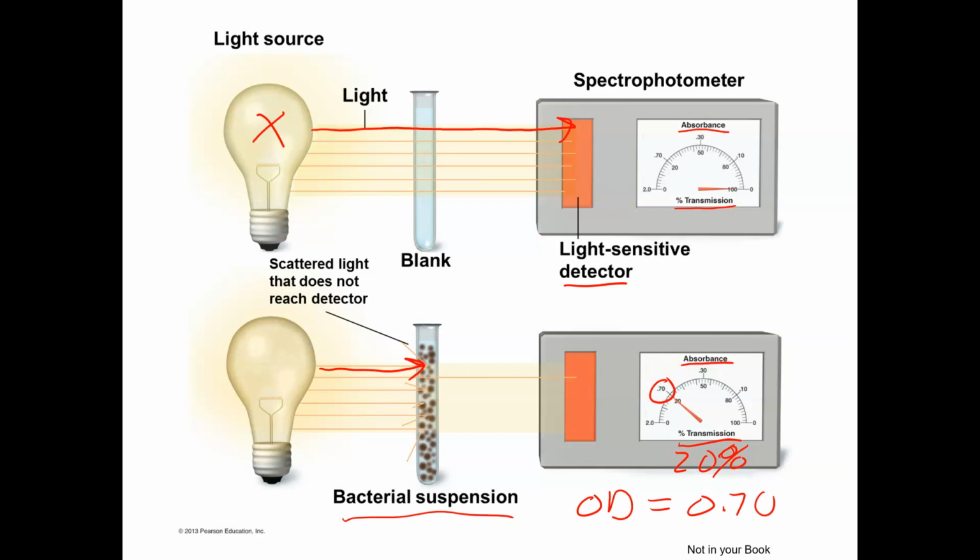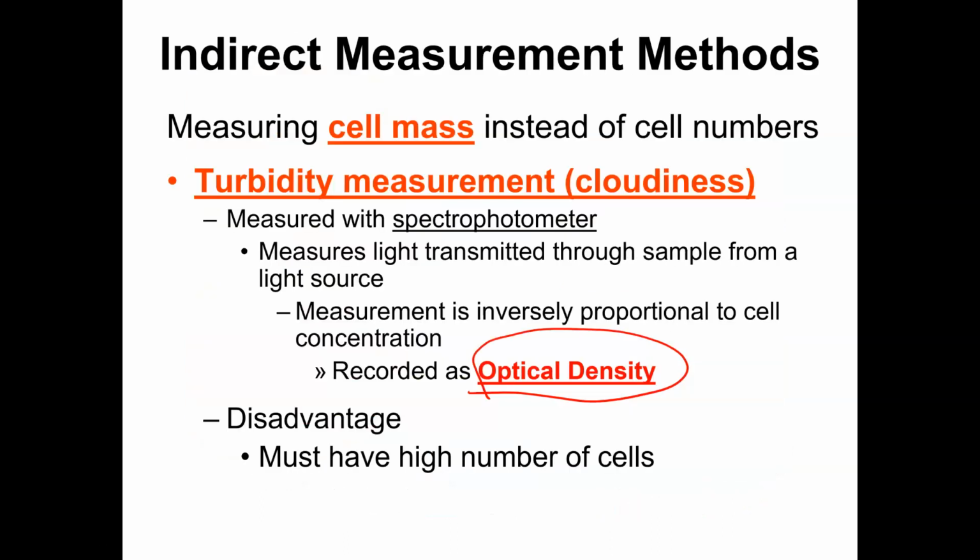And folks, remember the growth curves where you're plotting cloudiness over time with lag, log, stationary, death? This is how you do it. You sit there measuring the cloudiness with a spectrophotometer over however much time. But the disadvantage here, you have to have a cloudy sample. It has to be pretty heavily grown.